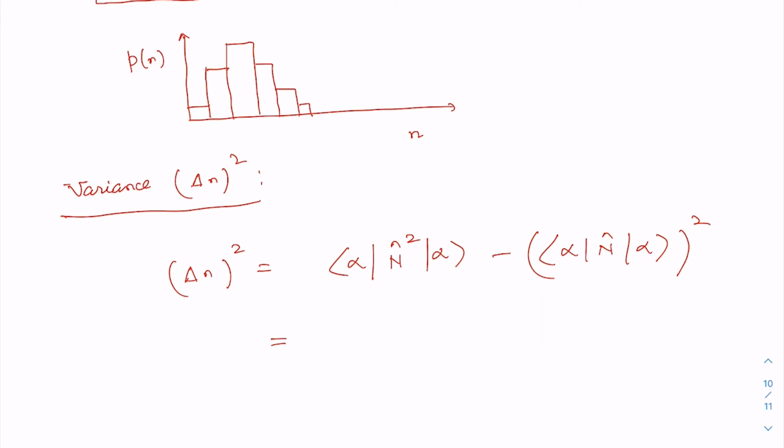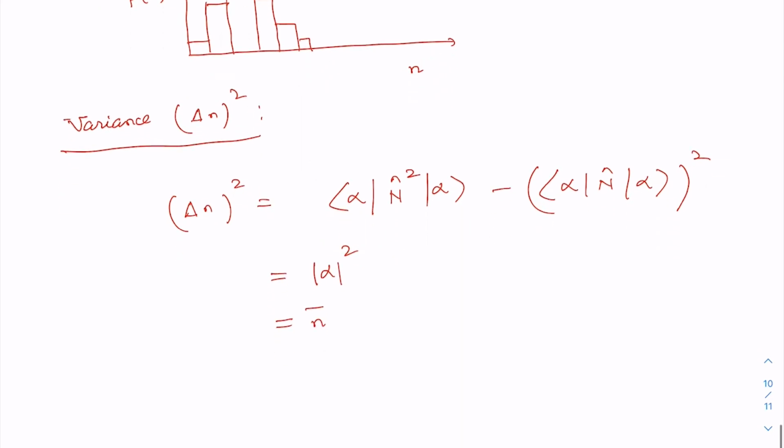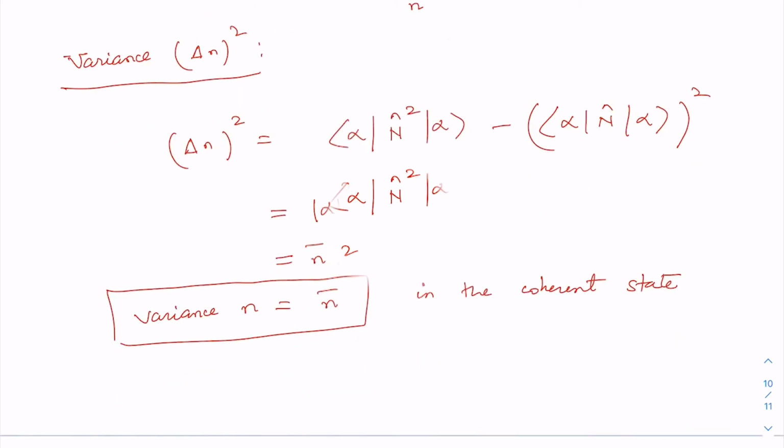What you will get is mod alpha square, which is nothing but n bar. So variance is exactly equal to the mean number in the coherent state. So this is an important result.